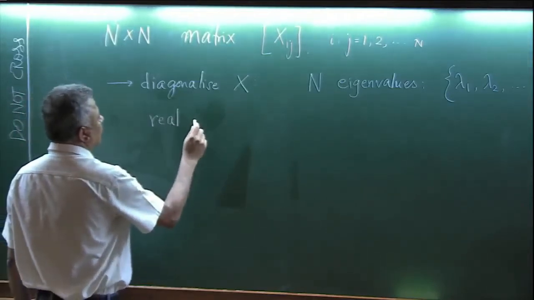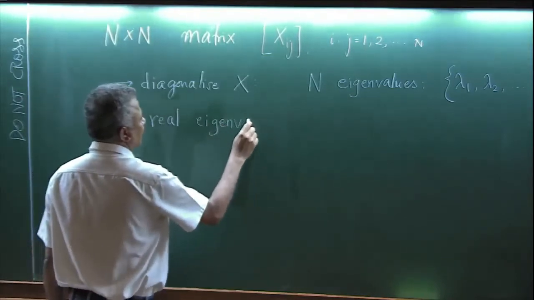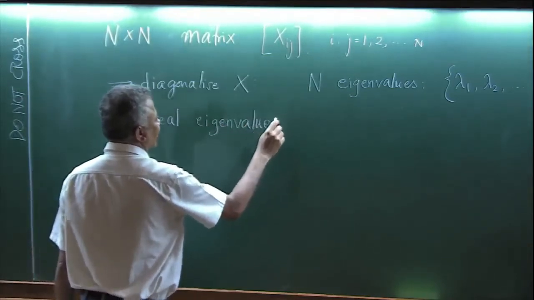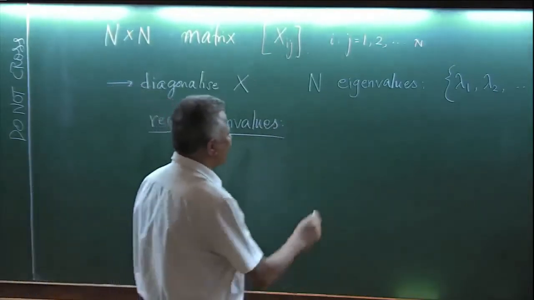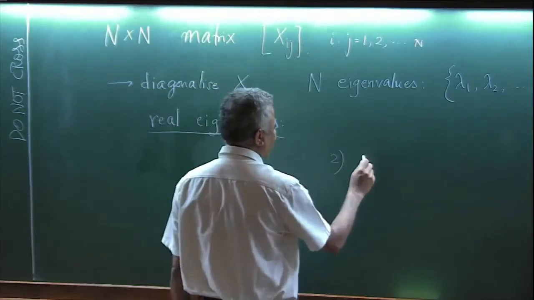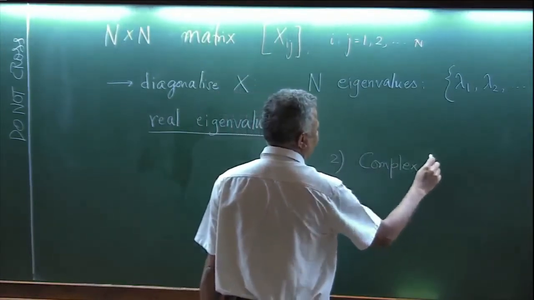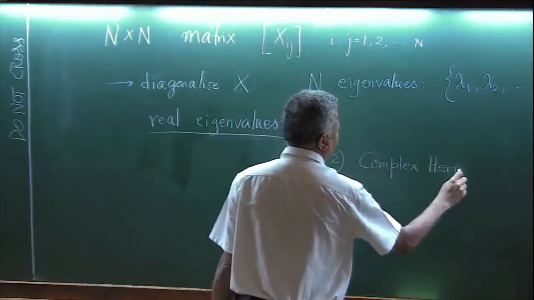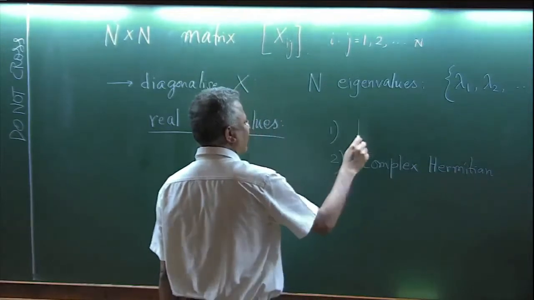Can anybody tell me when you get real eigenvalues? Hermitian. Everybody knows quantum mechanics. Great. You said Hermitian, but there's an even simpler one. The complex Hermitian is one example. Real symmetric, very good.